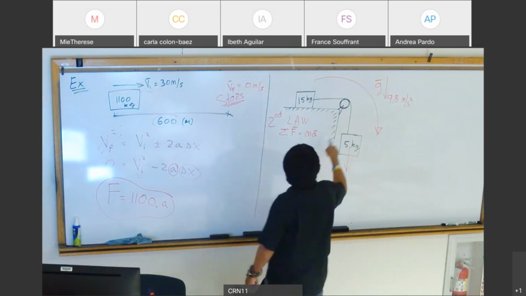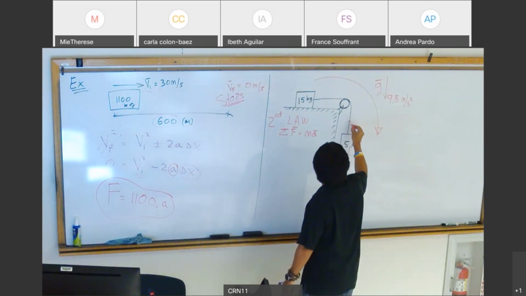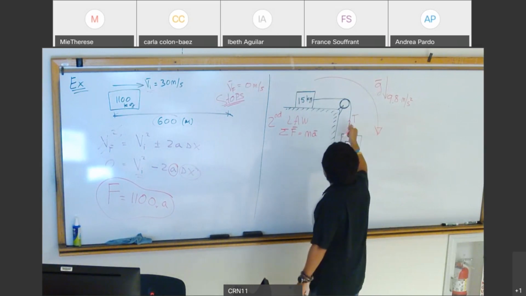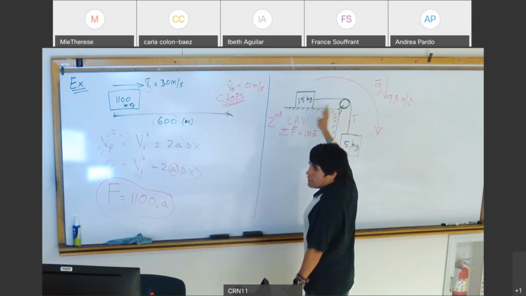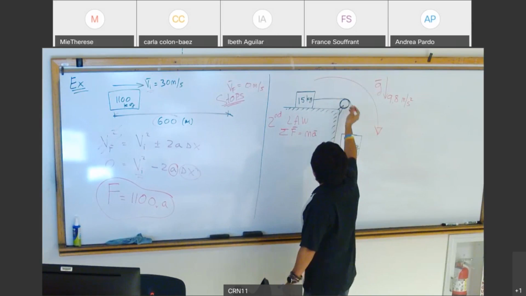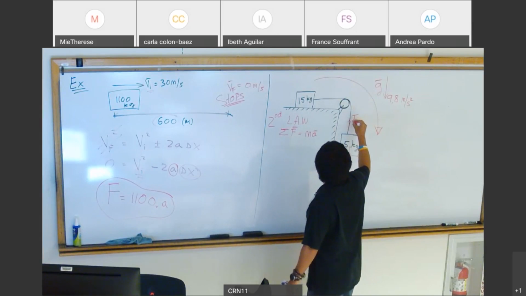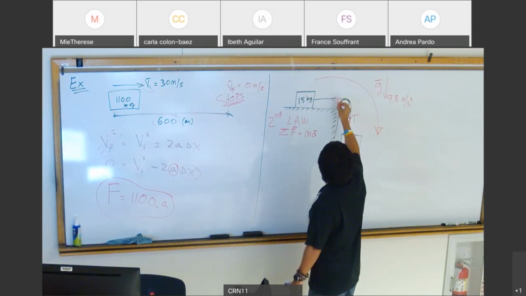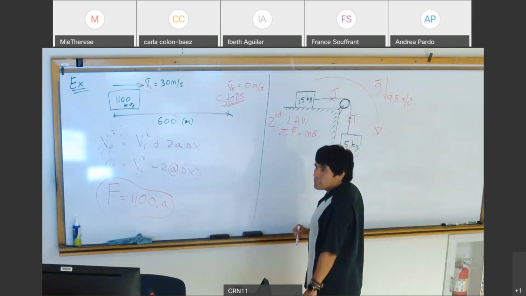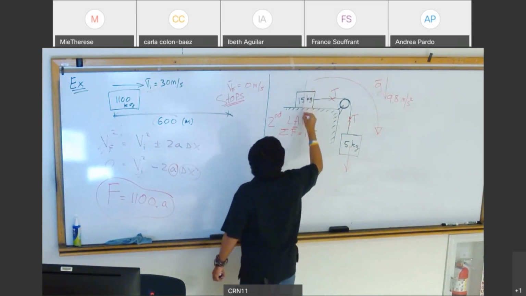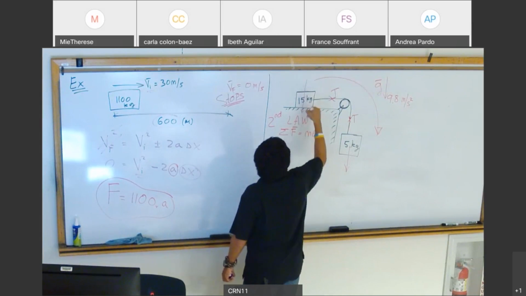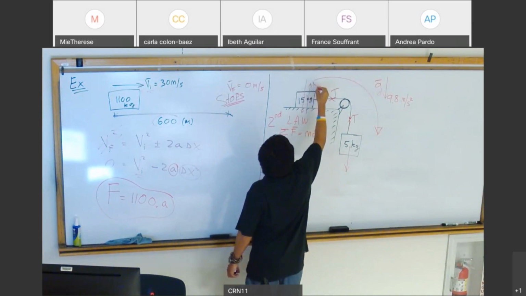So here there is a tension, we call it T. Because there is also no friction in the pulley, they say no friction anywhere, we can assume that there is also a tension there. And here, there is also the normal.